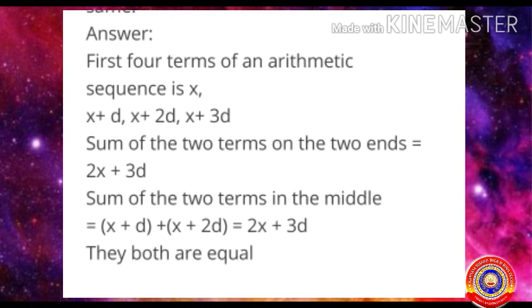Sum of the 2 terms on the ends, x plus x plus 3d equal to 2x plus 3d. Then sum of 2 terms in the middle, x plus d plus x plus 2d equal to 2x plus 3d. We can see that both are equal.